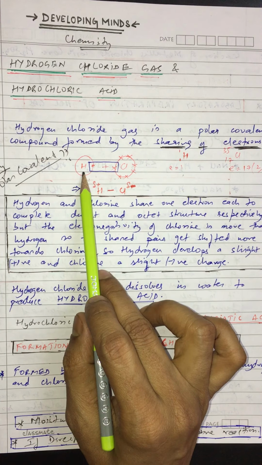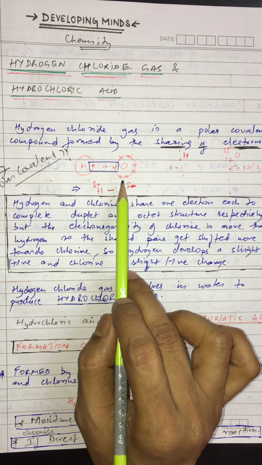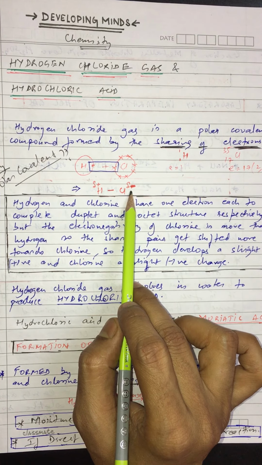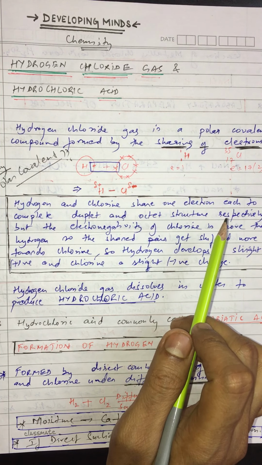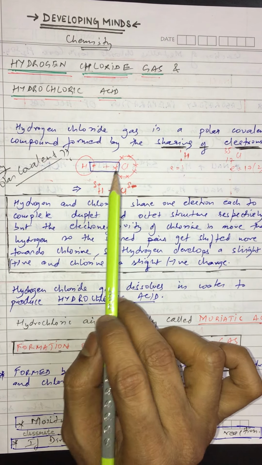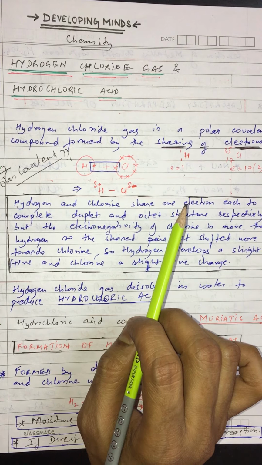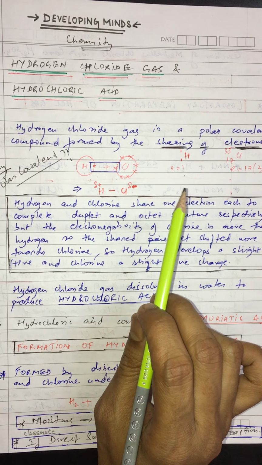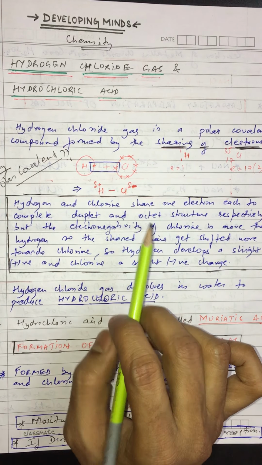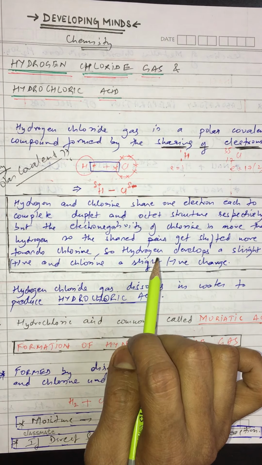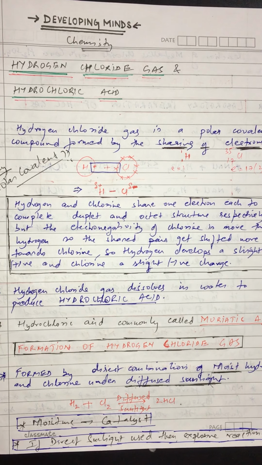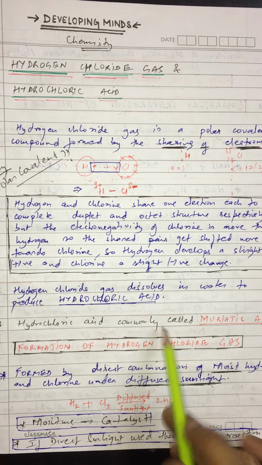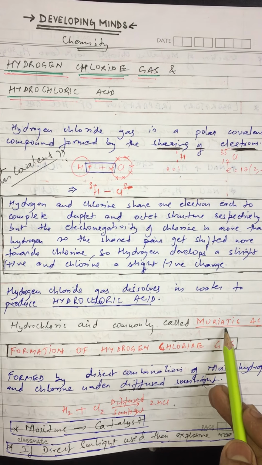So H develops a slight positive charge and Cl develops a slight negative charge, and thereby it becomes a polar covalent compound. So hydrogen chloride is formed by sharing, but as charges are developed, it becomes a polar covalent compound. This gas dissolves in water to produce hydrochloric acid, which has a common name, muriatic acid.